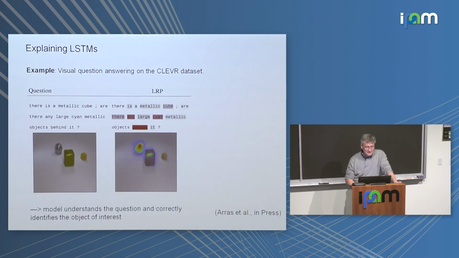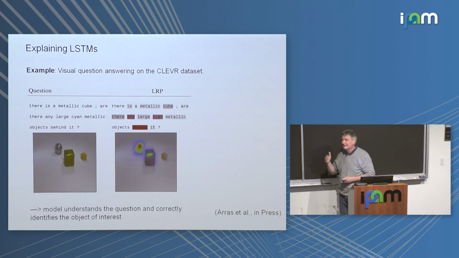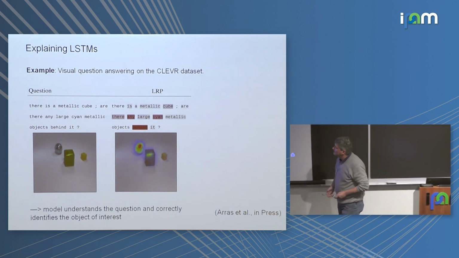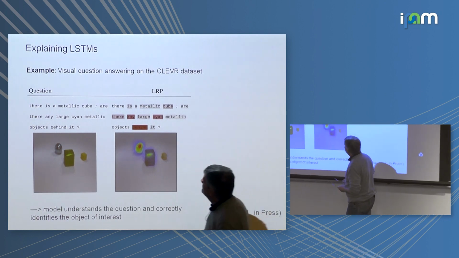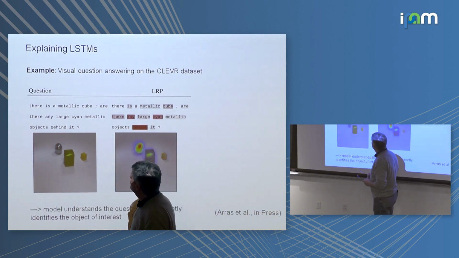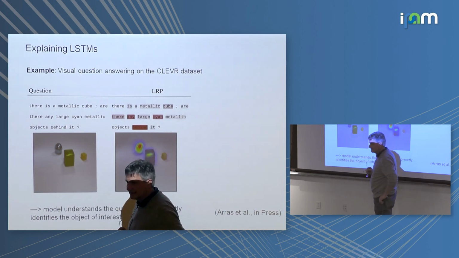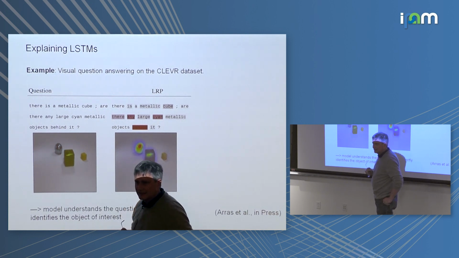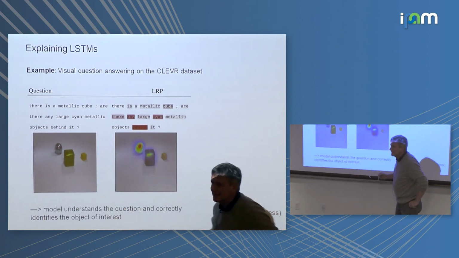And for example, there's some data sets where we have different features, namely text and images. So that's the visual question answering thing. So there is a metallic cube. Are there any large cyan metallic objects behind it? Okay, that's the question. And then the question is, what does the explanation do?